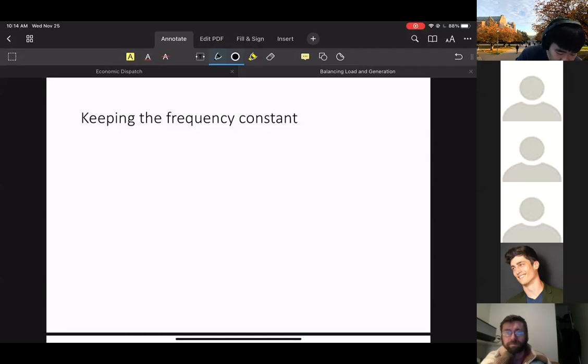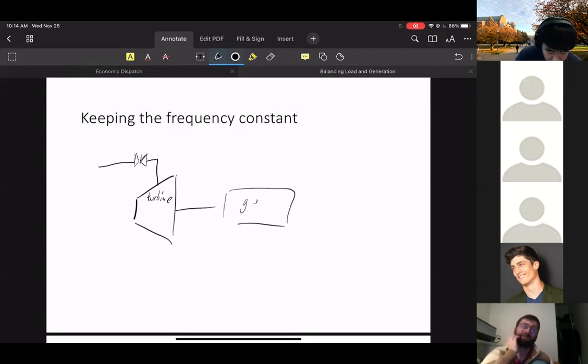If you look at most turbines, the turbine works like this. So this is my turbine. We have a valve on the turbine. This turbine goes to the generator. This is the electric energy.